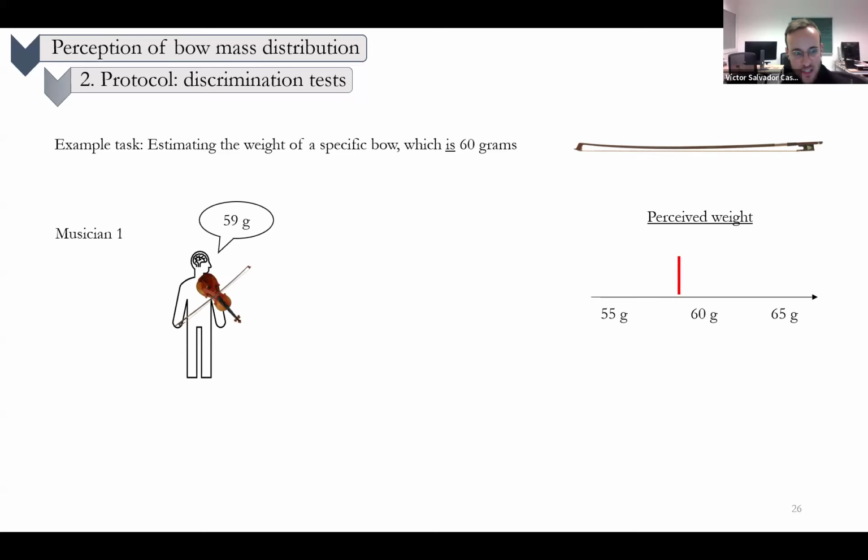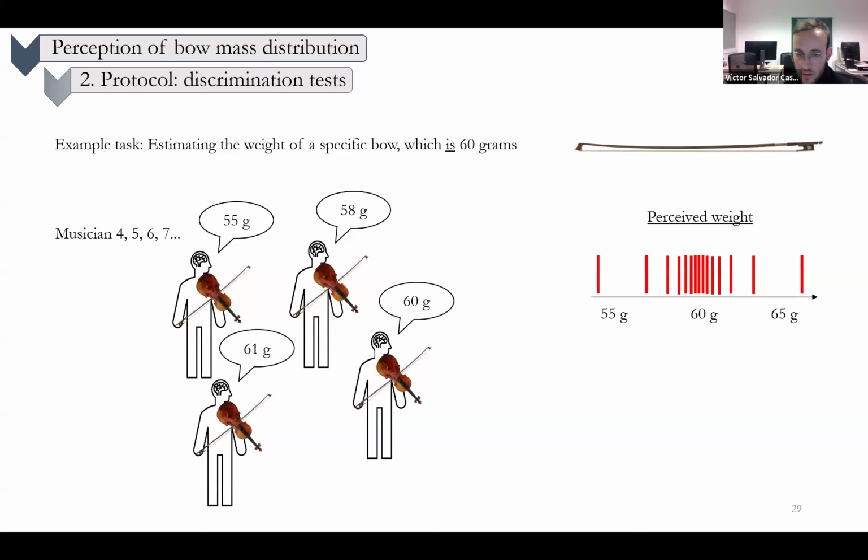So the first musician comes and says that this bow weighs 59 grams. So we say, okay, musician 1 says that it's 59 grams. Then musician 2 takes the same bow and says, okay, I think it's 63 grams. Then musician 3 says that it's 60 grams. And we can do this with a lot of musicians, and we will have all these responses.